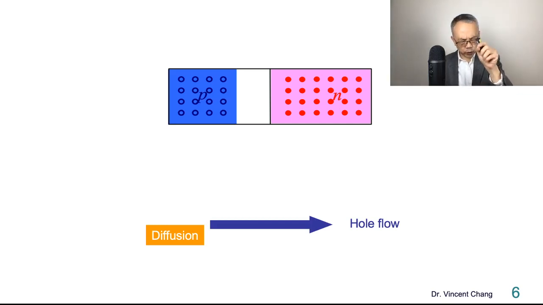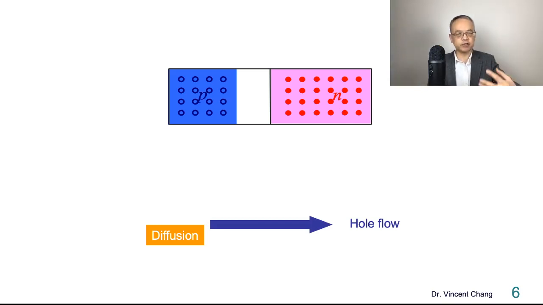So where's the source for providing holes on the left-hand side? It's the extrinsic, right? The source is not actually from silicon, but from the impurity, from the dopant. On the left-hand side, the dopant is the acceptor.